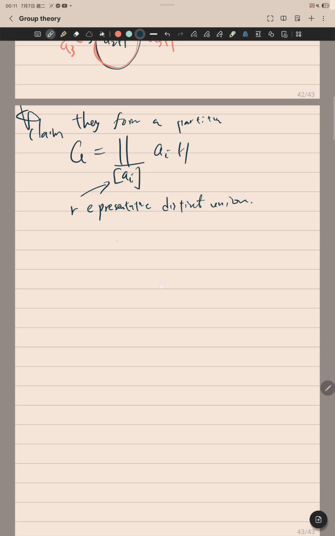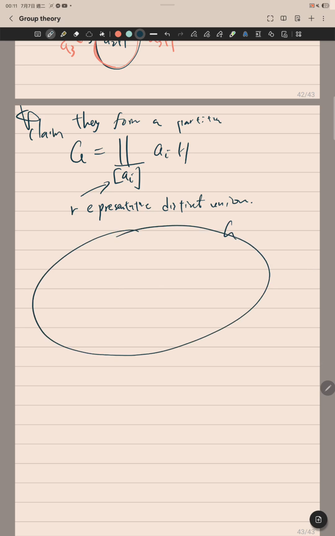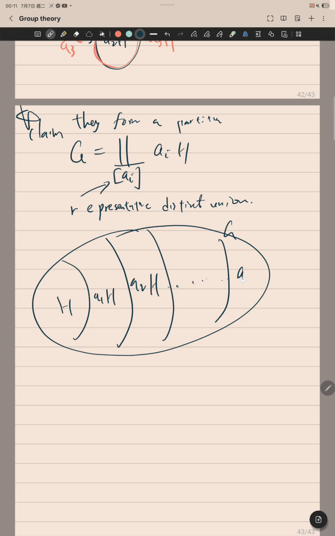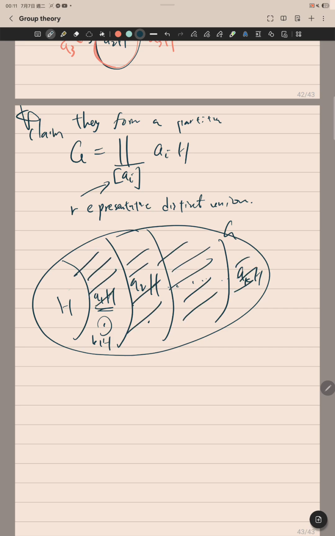I can draw a picture. This is the group G, and this is H, and this is a1H, this is a2H, up to maybe akH. Sometimes there will be differences, maybe a1H is the same as b1H for some b1. But the most important thing is that there's no overlap between all of these sets.